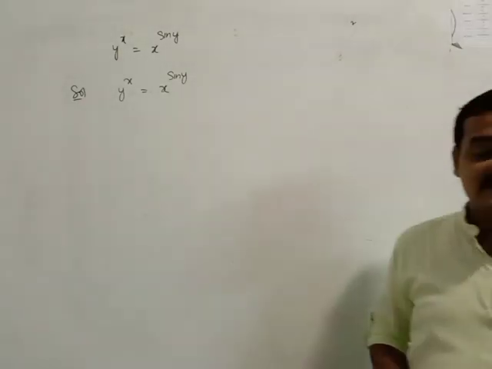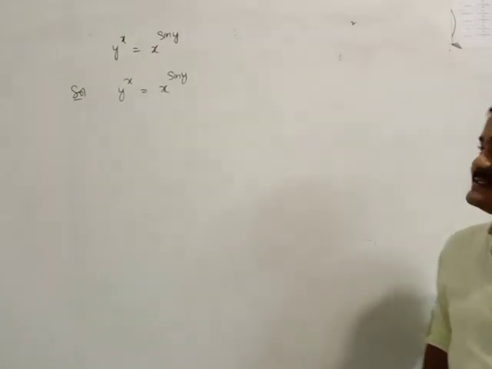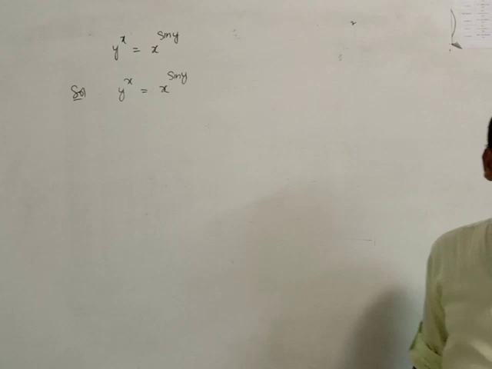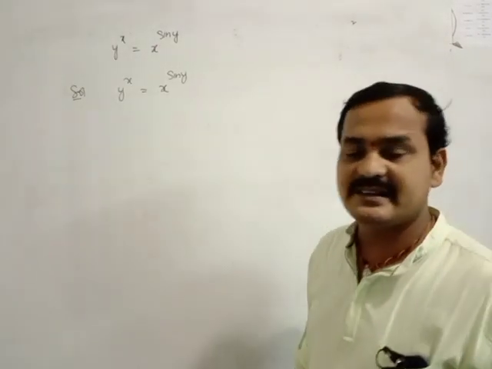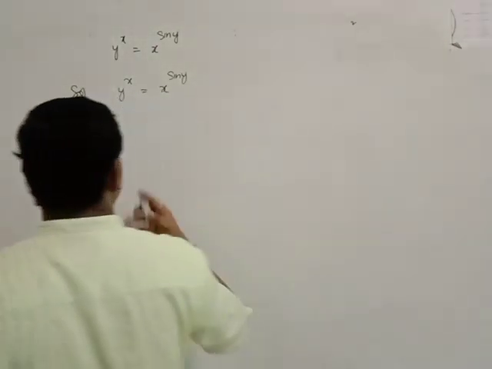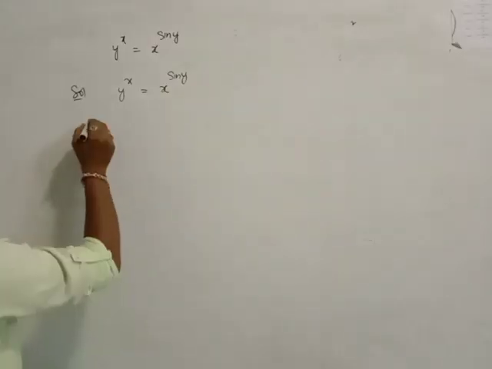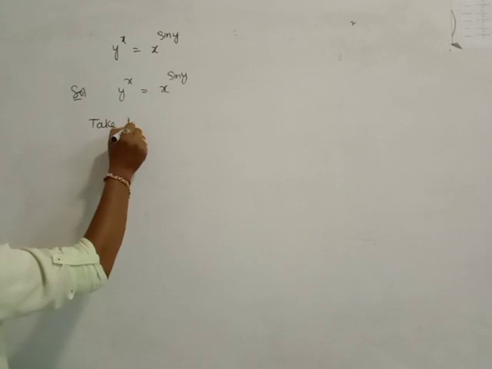In the previous class we already discussed that sin y must be treated as a function, and y must also be treated as a function. So here it is function to the power of function, and again it is also function to the power of function.